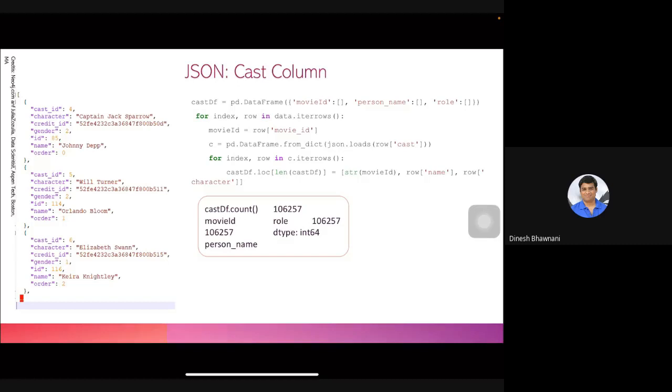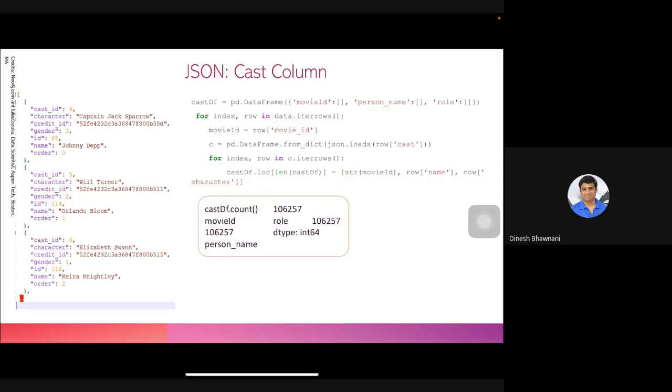Nothing to do with credit card. Gender. Gender is 1 or 2. That is how this data set is showing. And ID. And then name, the name of the actor. So all this you'll find in various capacities for different people.